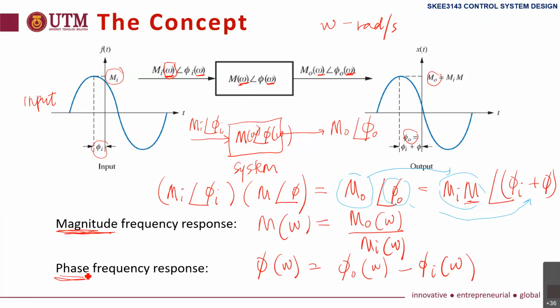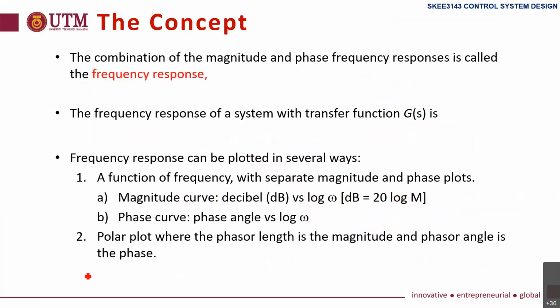So by now you should know that in frequency response we have two things, magnitude and also phase. The combination of the magnitude and phase frequency response is called frequency response. So when we say frequency response, it contains magnitude and also phase frequency response.